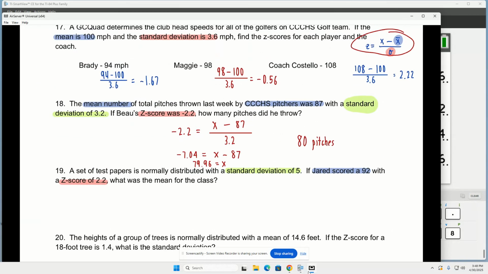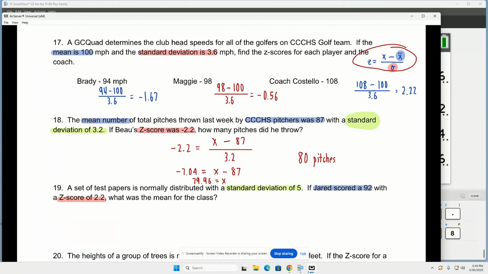So let's go back up here real quick. And let me erase this highlighting on this formula. I didn't mean to erase all that. I guess it doesn't like me leaving it there. All right, so let's look at this. They told me standard deviation right here, 5. So I'm going to put 5 in the bottom. They told me that Jared scored a 92.